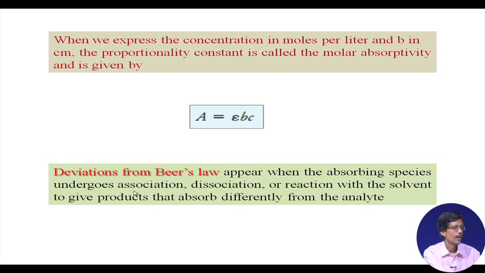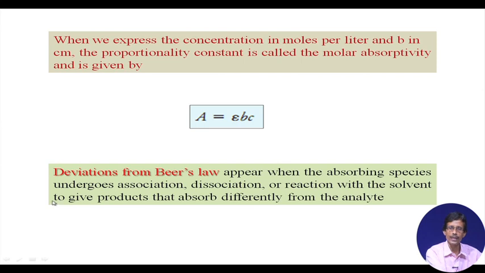That means, how can we have a deviation from Beer's law? If we are talking about some absorbing species X, it can go for association, that means X converts to X2 or X3, so the species responsible for the radiation absorption will vary. Similarly, that species can go for dissociation, and it can react with the solvent.